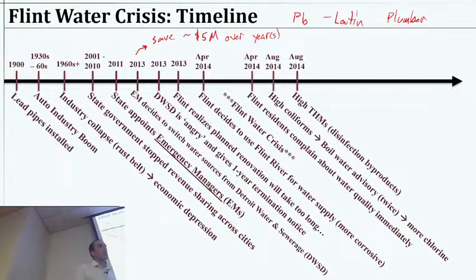But no engineer should sign off on that if it's not sufficient, right? So, got some issues. Pretty much immediately the residents don't like it. Then, as soon as there's any kind of challenge to the system, it's not treating water well enough, so there's a boil water advisory, there's disinfection byproducts that they're getting in trouble with. Things are not going so great.